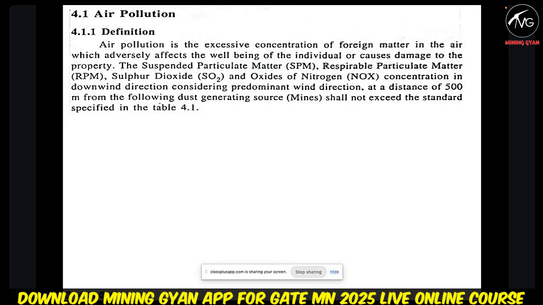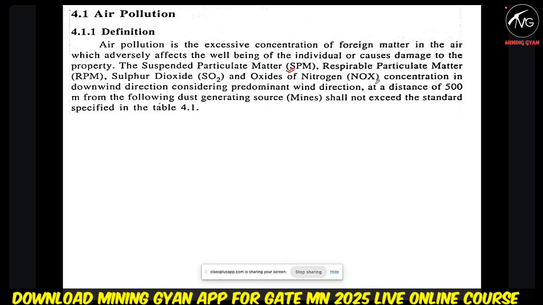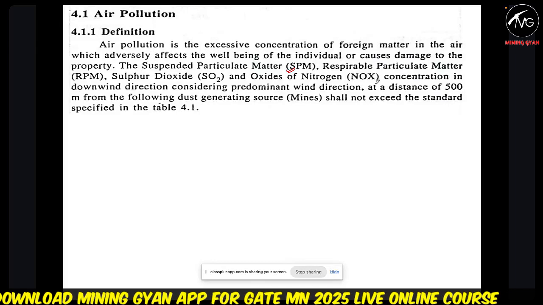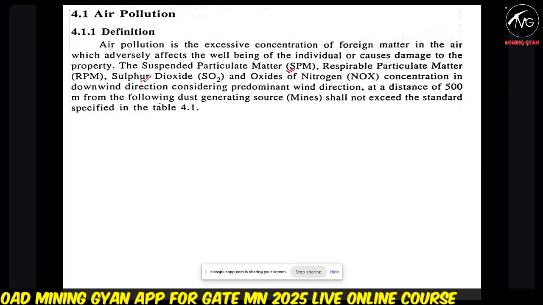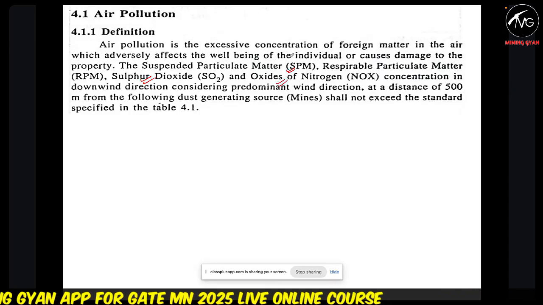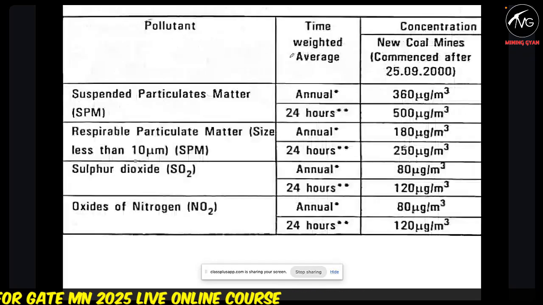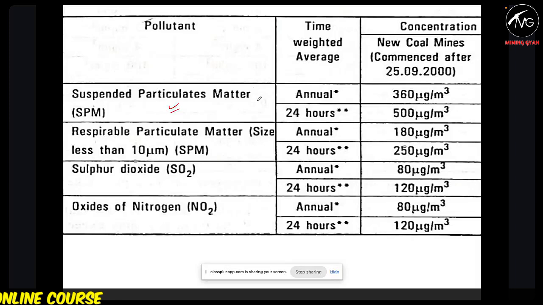And what type of pollutants, like SPM, the suspended particle matters, respirable particle matters, sulfur dioxide, oxides of nitrogen. Then we have seen the suspended particle matters, annual as well as 24-hour limit. So annual limit is 360, 24-hour limit is 500.